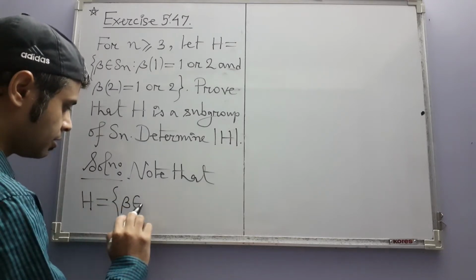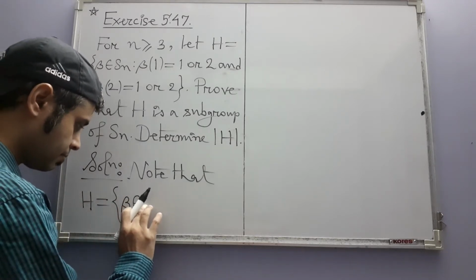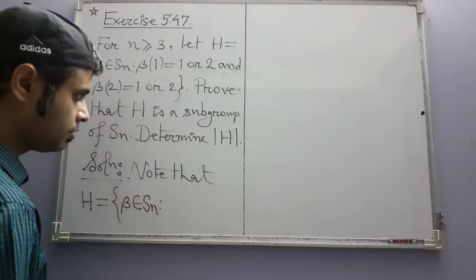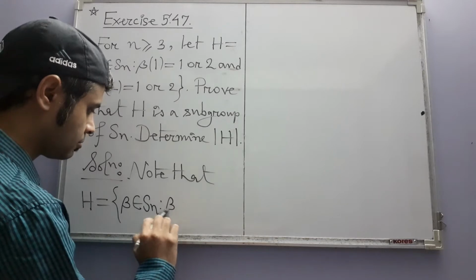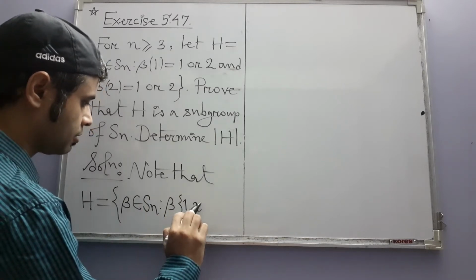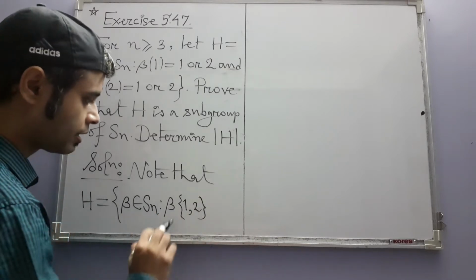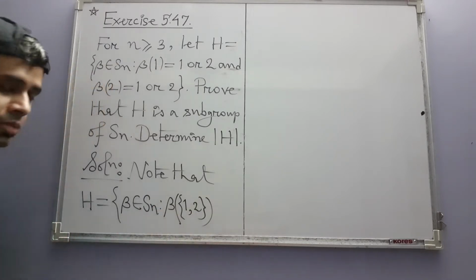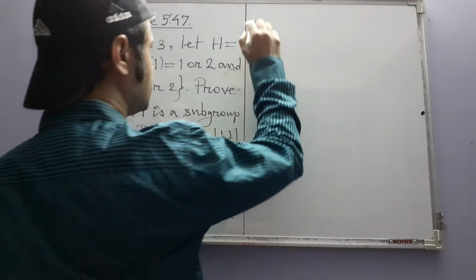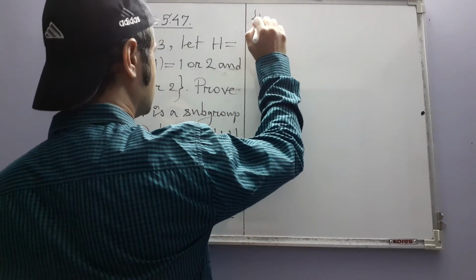It is the set of all permutations beta in Sn such that the image of the set consisting of 1 and 2 under beta is a subset of the set itself.